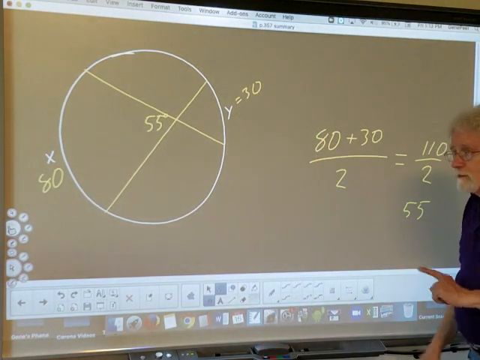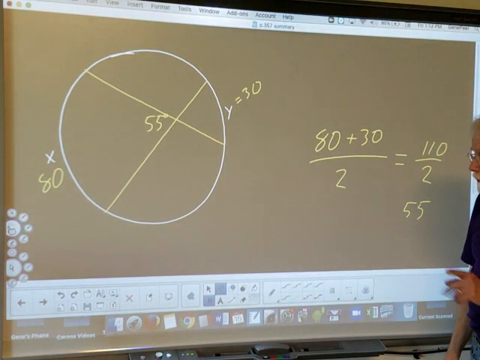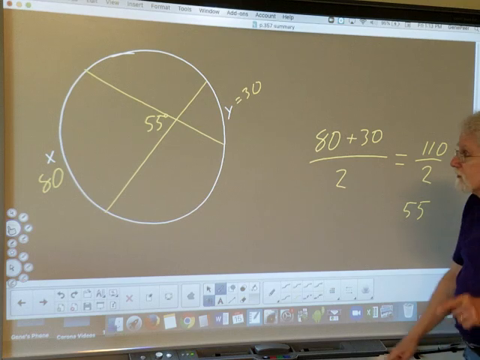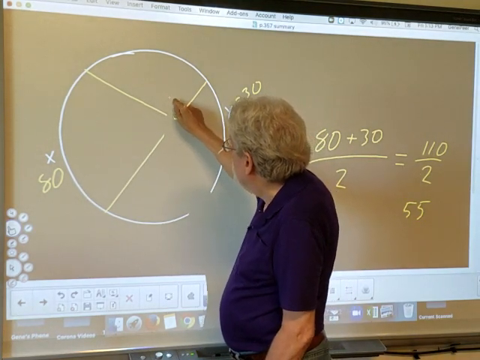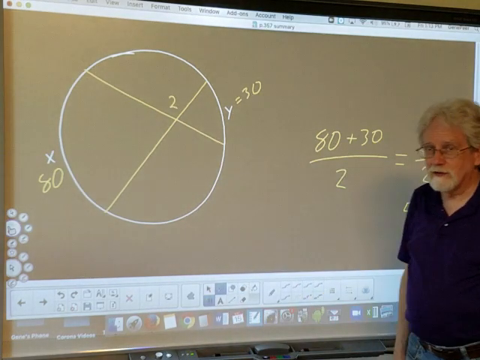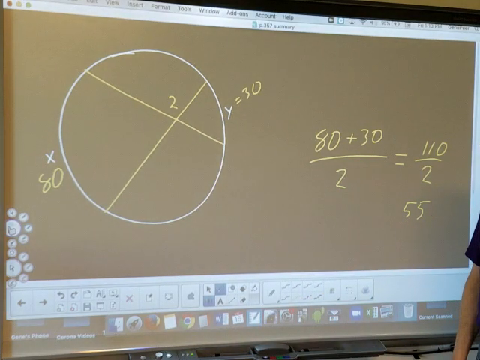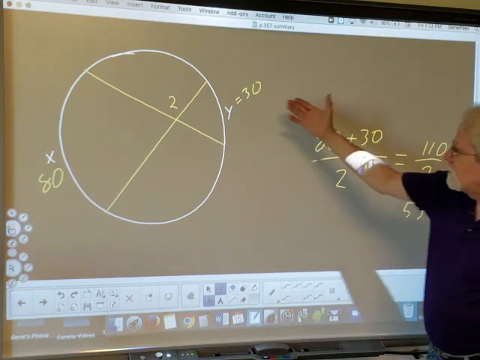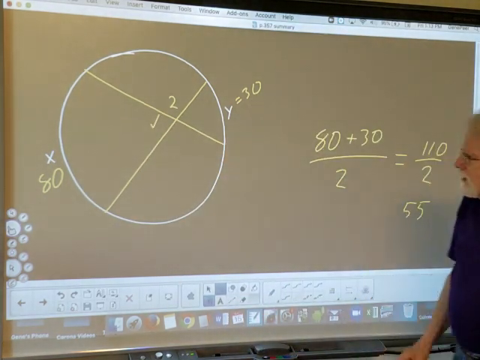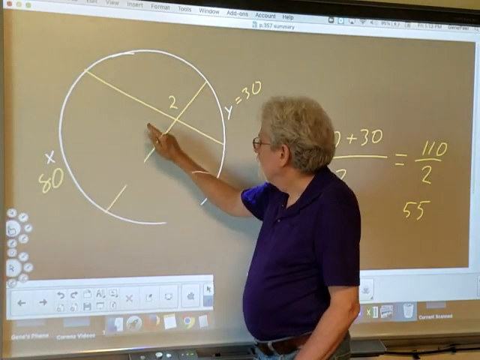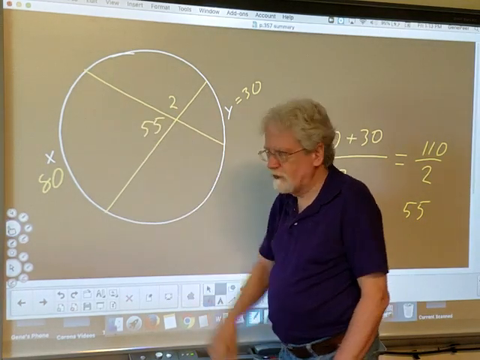By the way, don't let me on the test or the book writers on the homework fool you. Suppose instead of asking for that angle, I ask for angle 2 up there. Be careful. Think it through. This theorem gives you the measure of this angle. That angle is 55. So if that's 55, is angle 2 also 55?